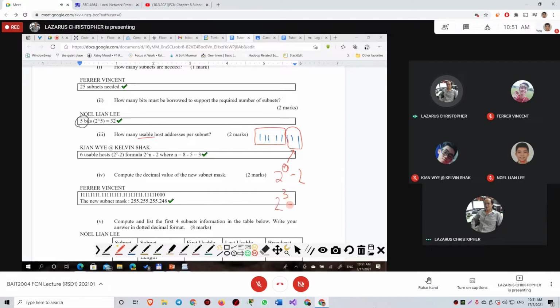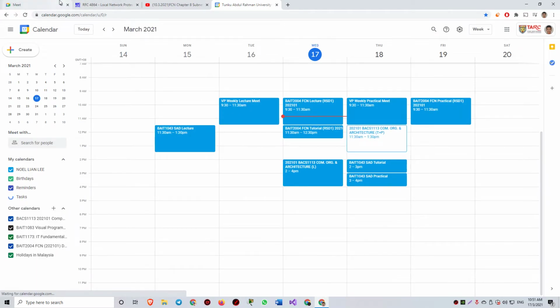So 2 power 3 minus 2 is 8 minus 2, which is 6. So we have 32 subnets by borrowing 5 bits, and per subnet you have 6 usable host addresses. Okay, is this one okay? All right.